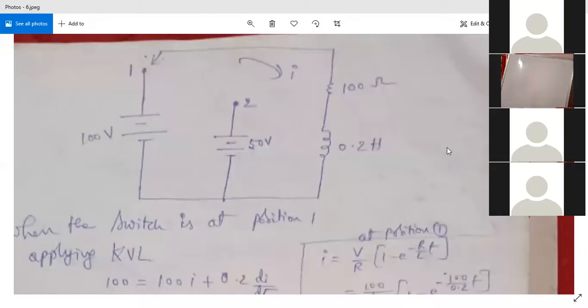Thereby applying 100 volts to the RL branch.